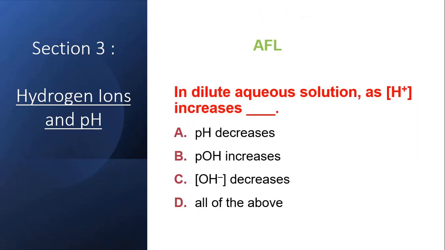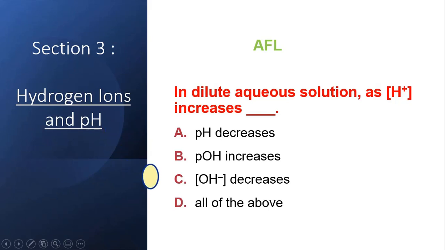So back to this. Now we have some questions to check your understanding. In dilute aqueous solution, if the concentration of H positive increases, what will happen to pH or pOH or OH negative? Let's see.